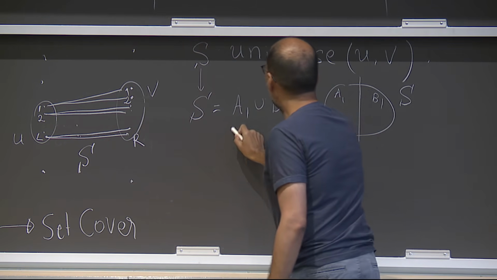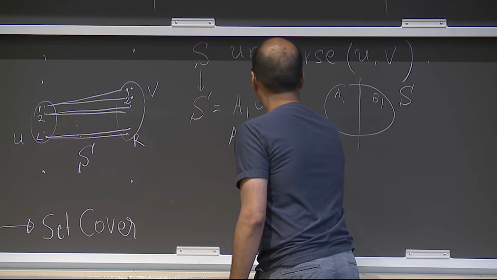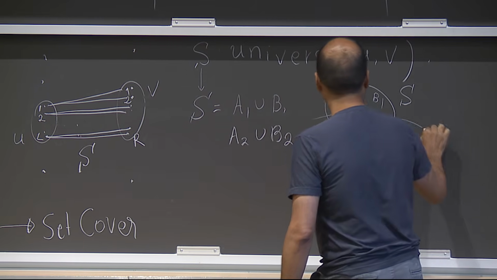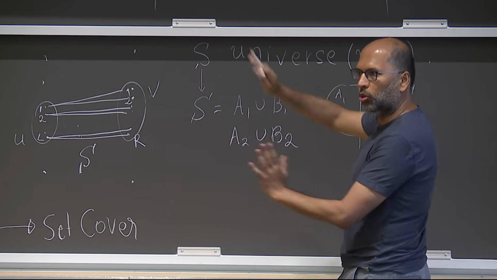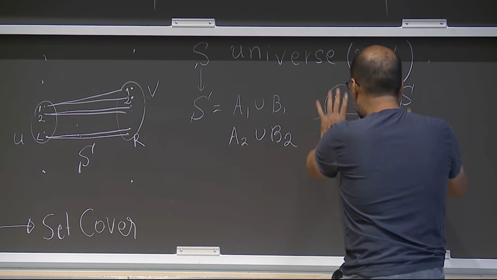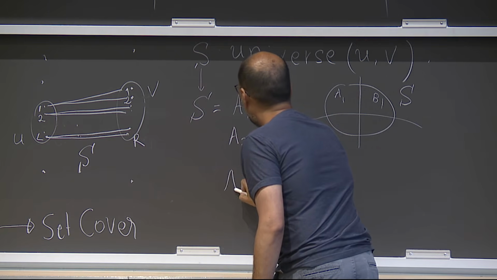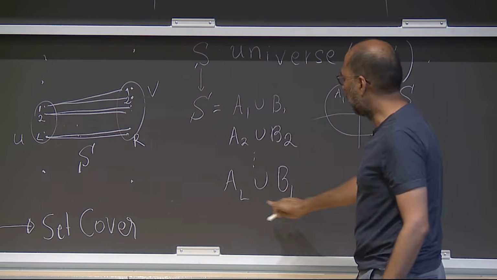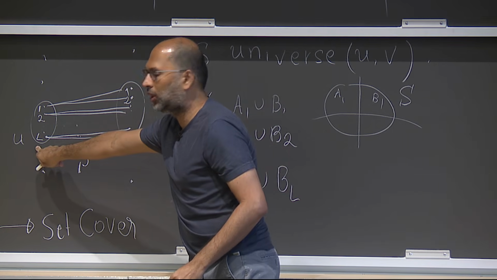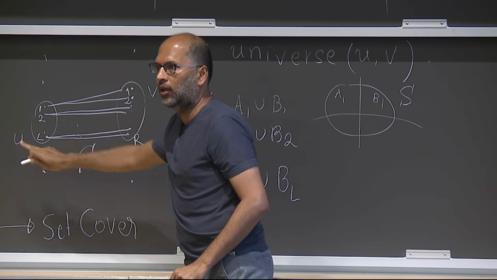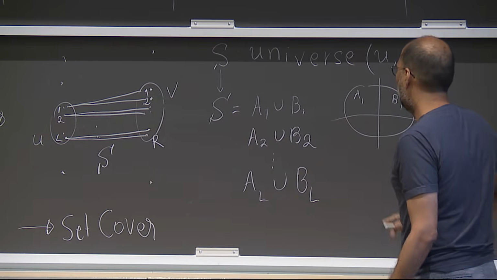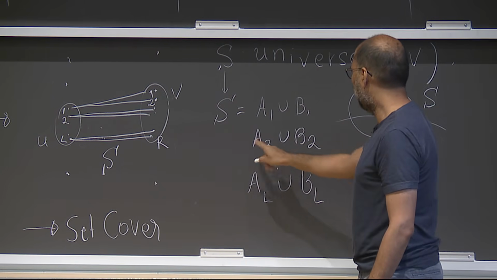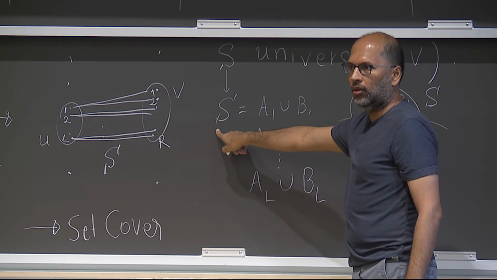But there could also be another partition called A2, B2. Maybe it could presumably look like this. It's like cutting the universe into 2 pieces, right? So you're taking different cuts, in L possible ways, this capital L being the same capital L here, the number of labels, okay? And with the property that, of course, in each pair, their union is the whole thing, okay?